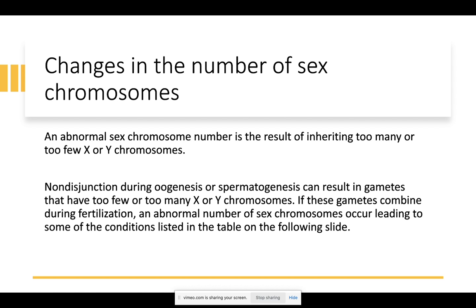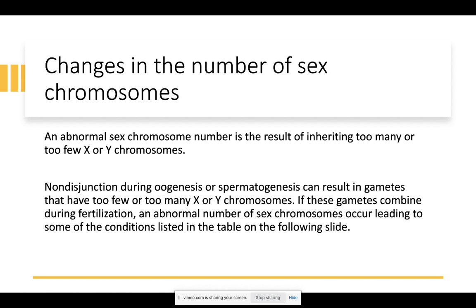You can also have trisomies that don't occur with autosomes but instead occur with sex chromosomes. I wouldn't necessarily call it a trisomy; polysomy would be the more correct term, in which you inherit either an extra X or an extra Y chromosome, or you can have the inheritance of too few chromosomes.